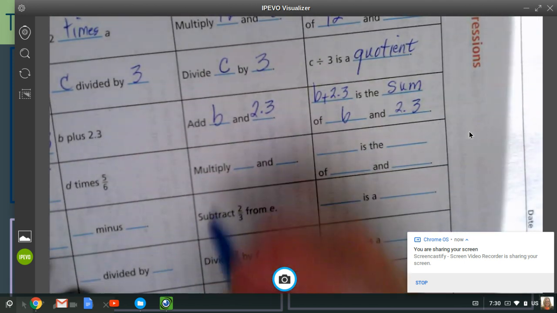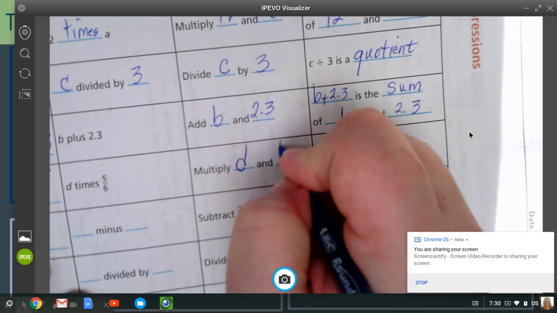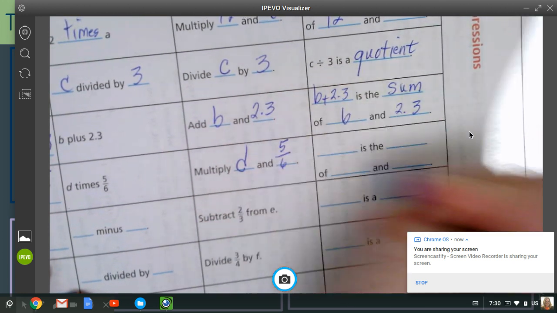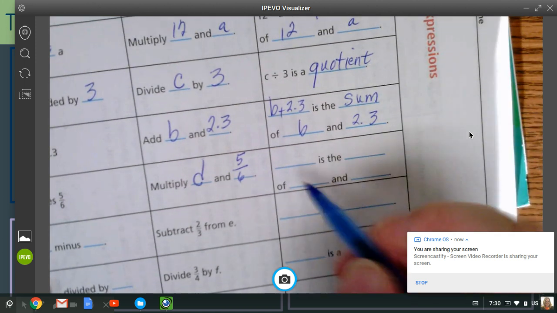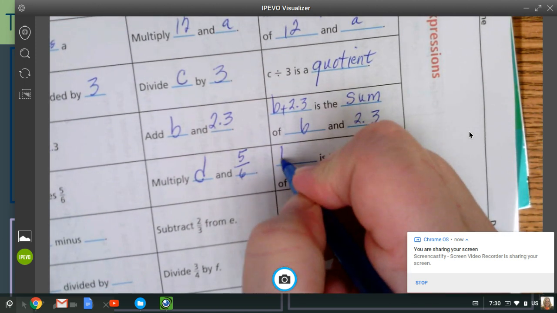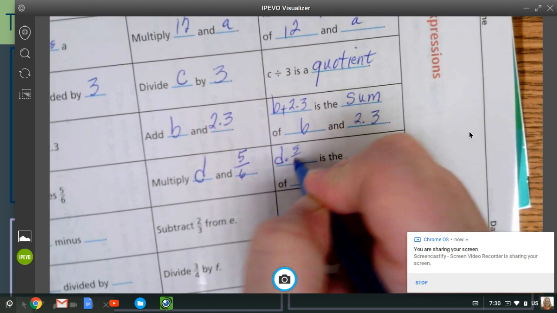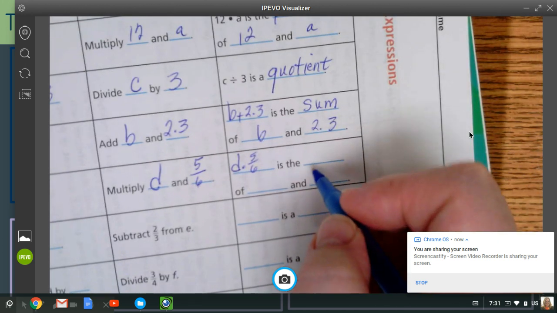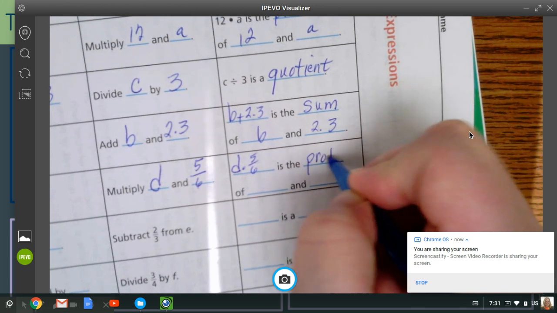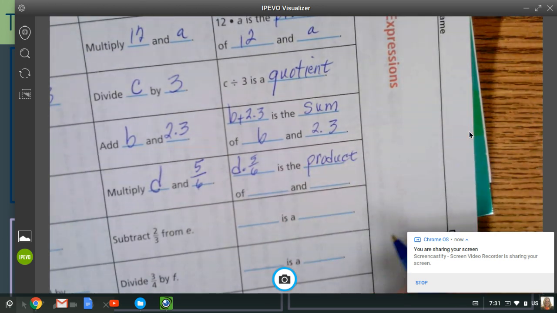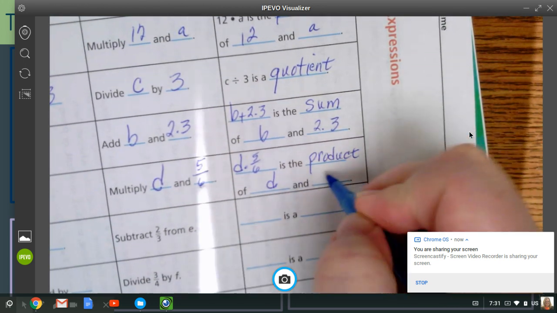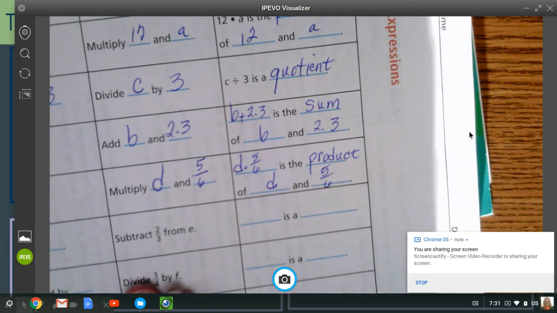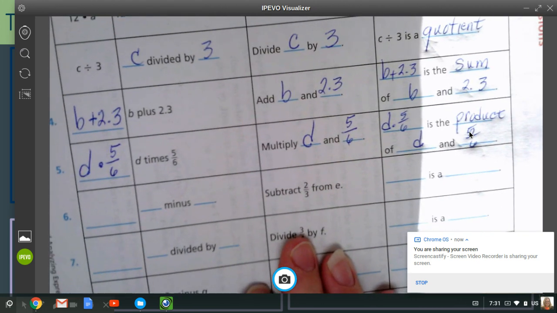So it would be like saying multiply d and 5/6. So we're going to rewrite the problem. d times 5/6 is the, what do you call the vocabulary word that we use? Product. When you multiply, we get a product of d and 5/6.